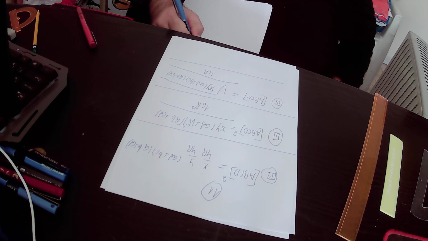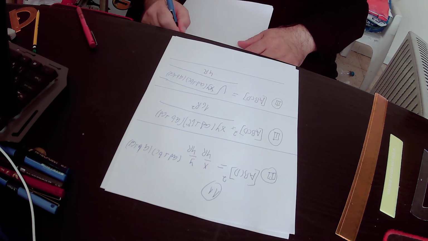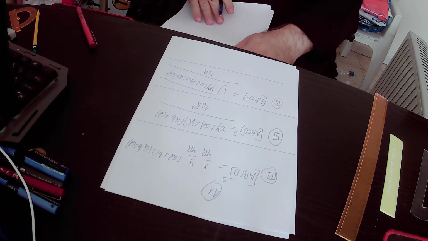So we get that 4 times the area of quadrilateral ABCD equals the root of xy times AD plus BC times AB plus CD, over r.